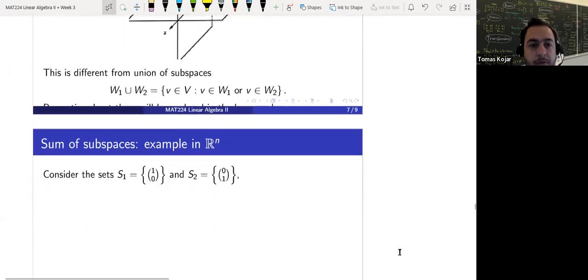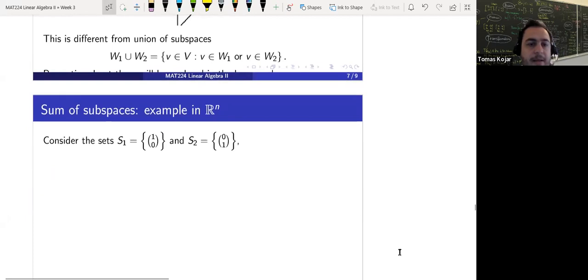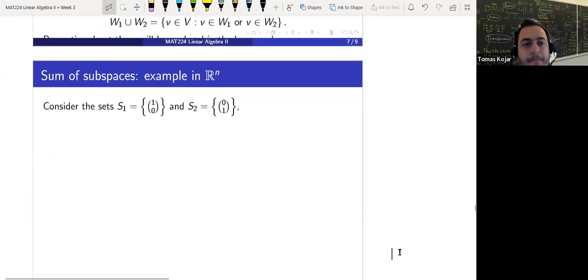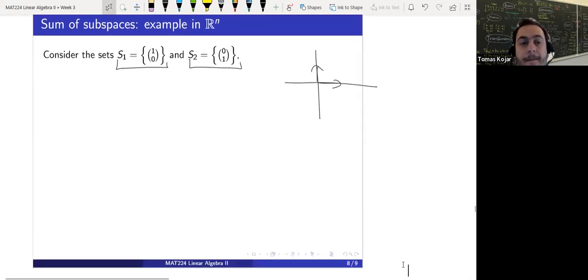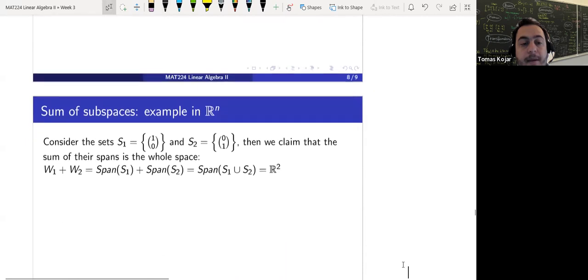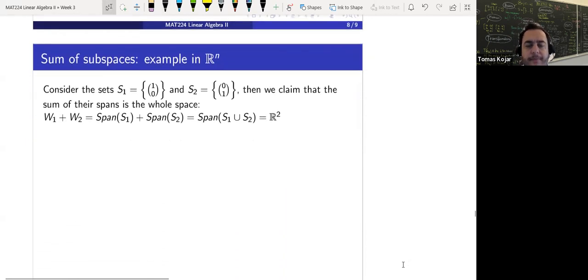All right. So yeah, let's do an example. It's the same one I just talked about, but I typed it. You take S1, S2 to be these two vectors, just the standard basis, this guy and this guy. And then we want to figure out what is their span, the summation of their spaces.